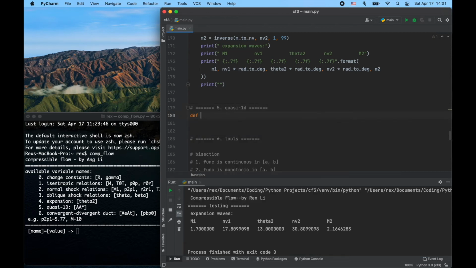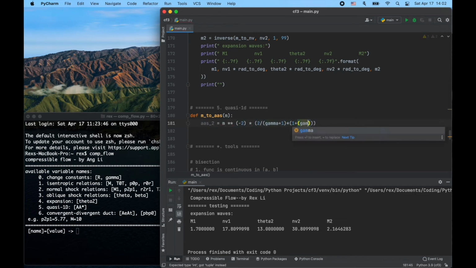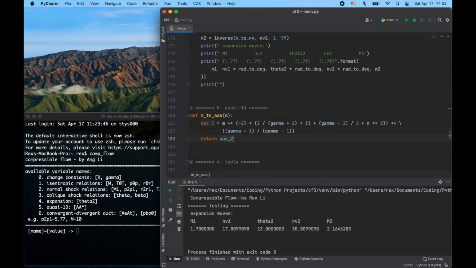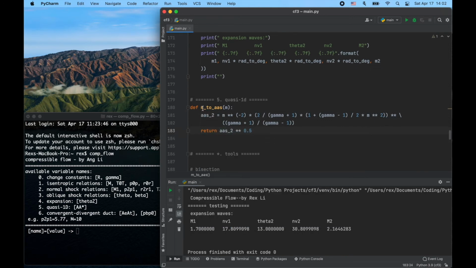So define Mach number to A over A star. A over A star squared is going to be... All right, let's test it.